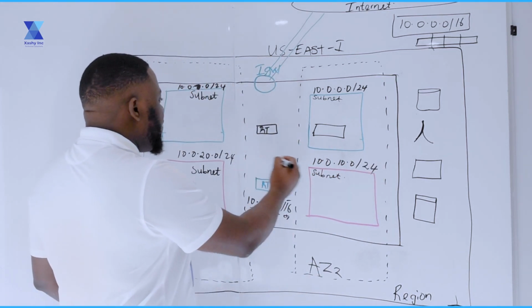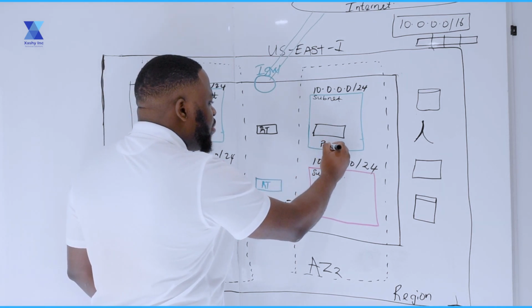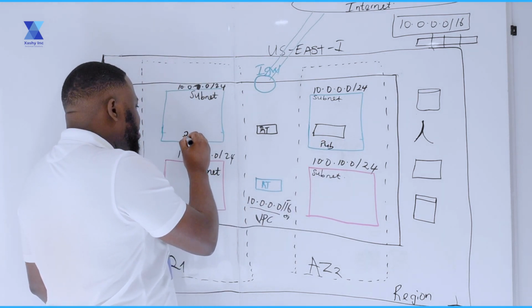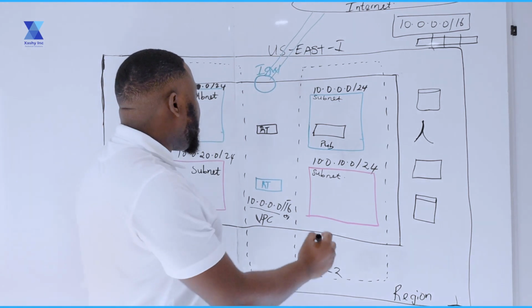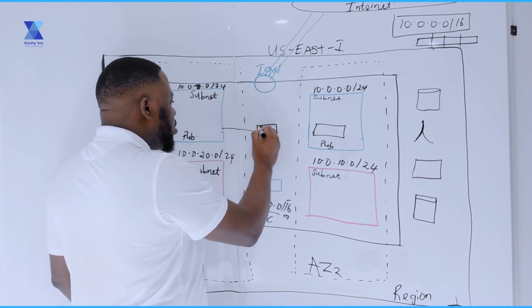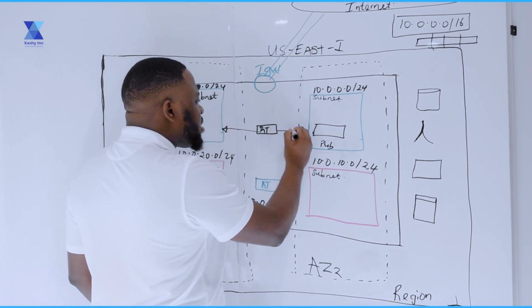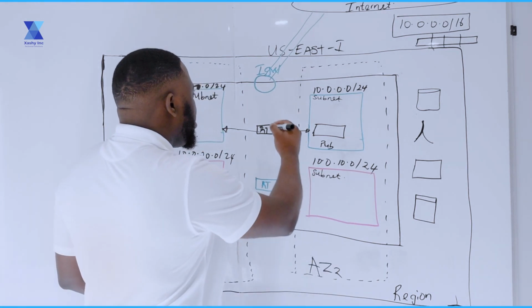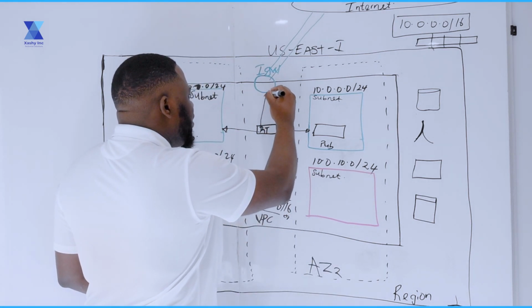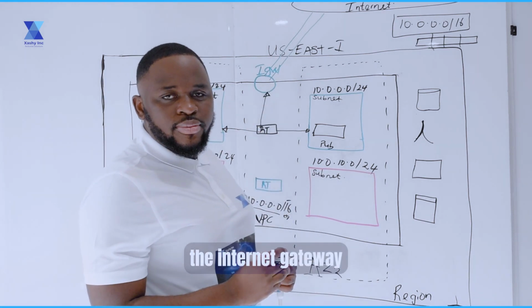So, if I want this subnet to be made public, I will need to ensure that the route table associated to this subnet actually has a route which is facing the internet gateway.